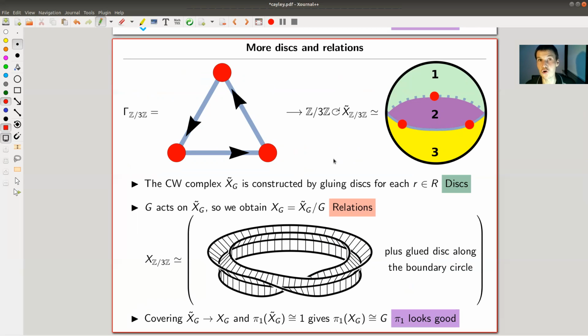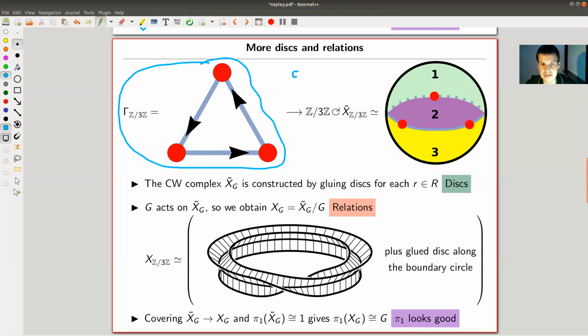Something finite is a bit more complicated, but the cookbook is the same, so the procedure is the same. So you start with the Cayley graph, and the Cayley graph for Z mod 3 in the presentation from before is this one, of course. And now you glue in a disk for all vertices and all relations.